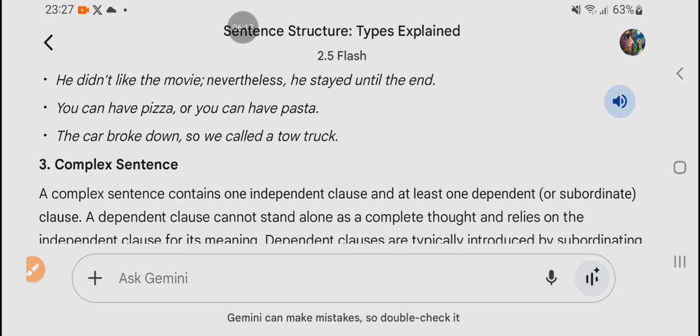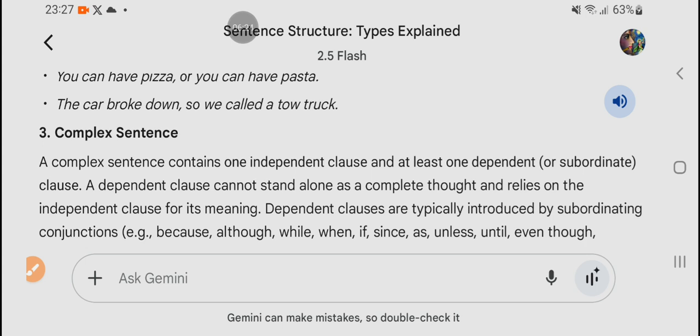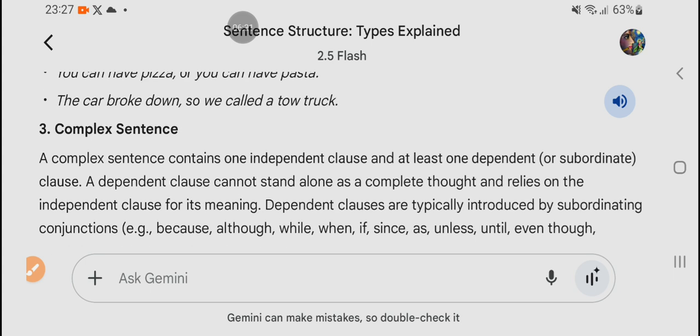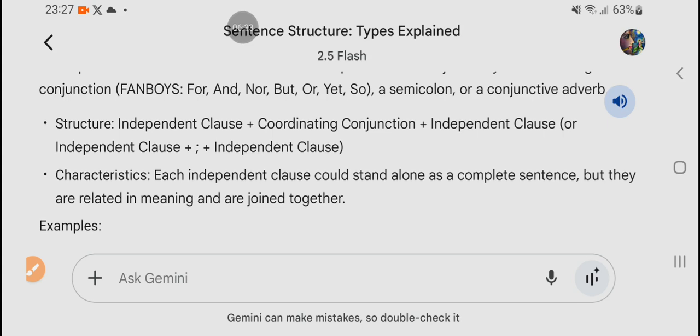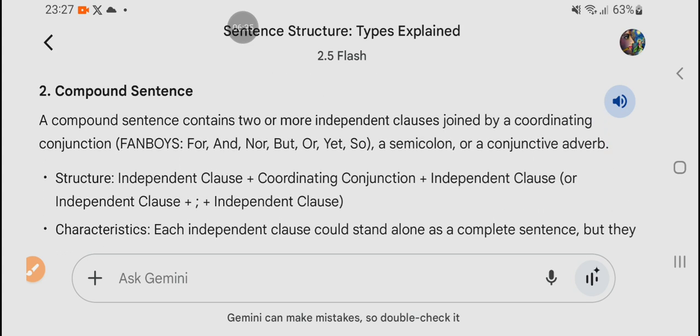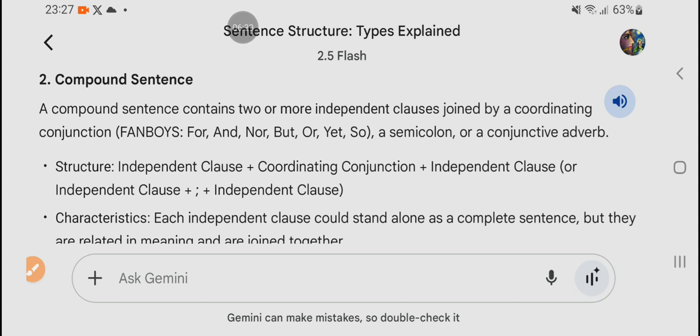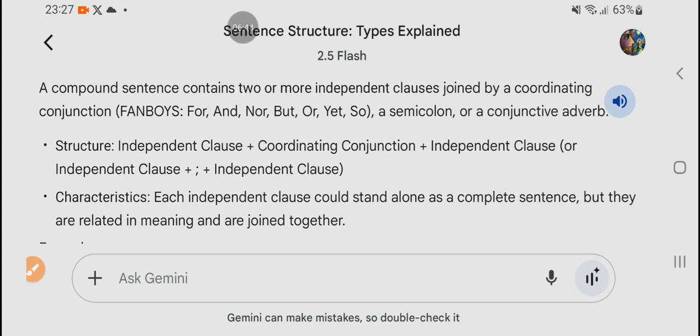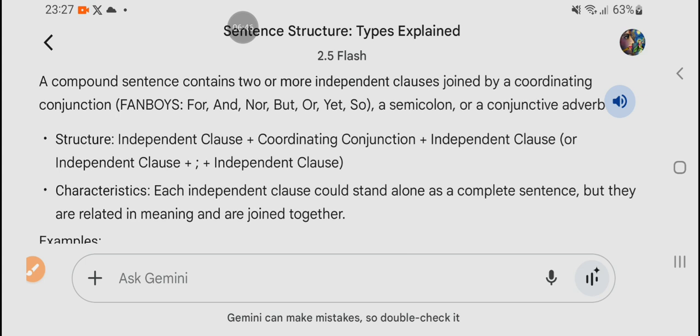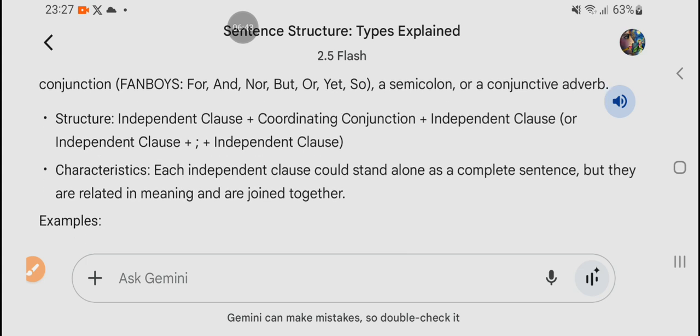You can have pizza or you can have pasta. The car broke down, so we called a tow truck, right? So these are examples of compound sentences, and a compound sentence contains two or more independent clauses joined by coordinating conjunctions, that's FANBOYS, and joined by a semicolon or sometimes a conjunctive adverb, right?